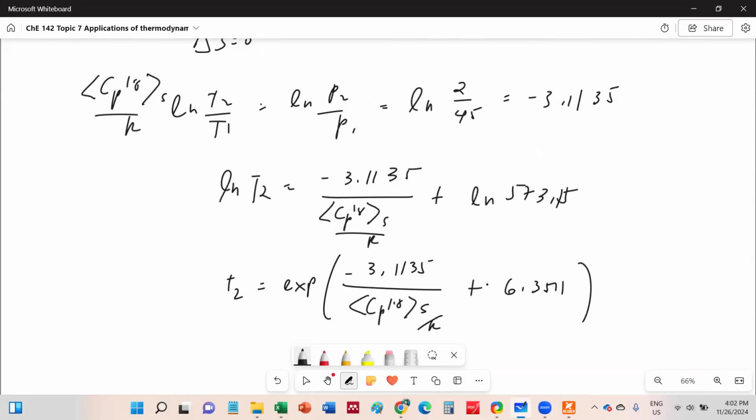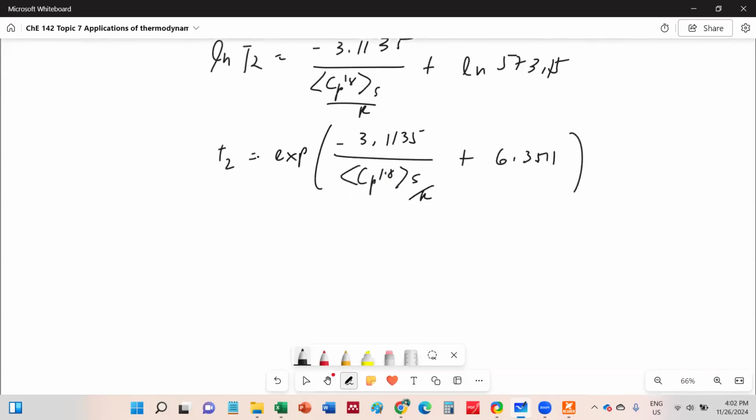Okay. So this is the equation that we will be using to iterate for T2.